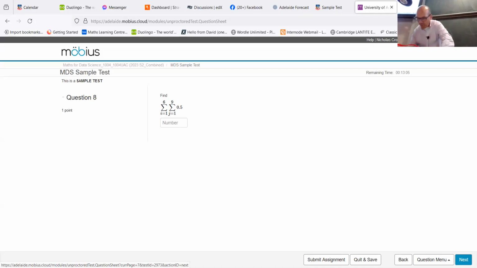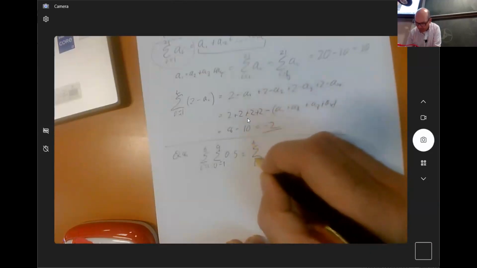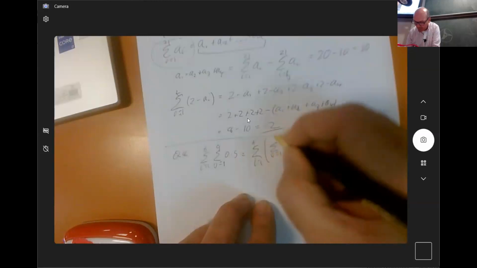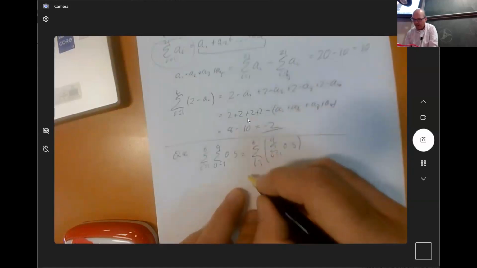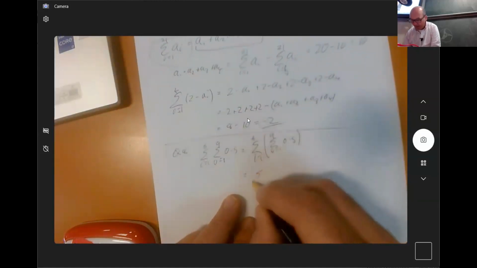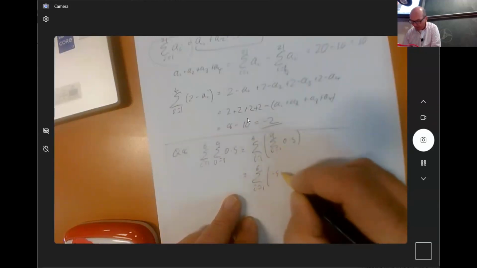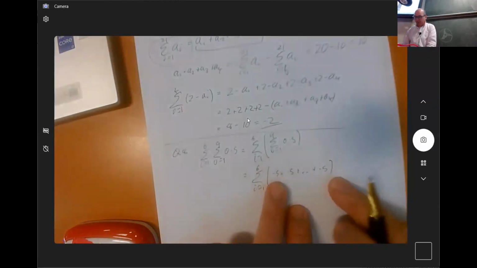So what you're saying is, I'm going to switch to writing this down. We're going to work out the sum i equals 1 to 6, and then we're just going to focus on the sum j equals 1 to 9 of 0.5. If I wanted to, I could write it out and add it up: 0.5 plus 0.5 plus 0.5, there are 9 of them.